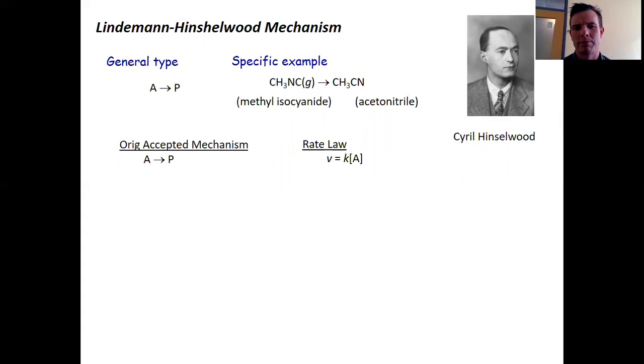Here's methyl isocyanide going to acetonitrile. For a long time, people just thought this was a simple first order process. A just goes to P, and the rate law that you would expect for that is just a simple first order process.